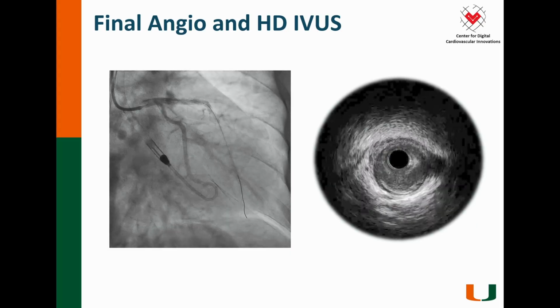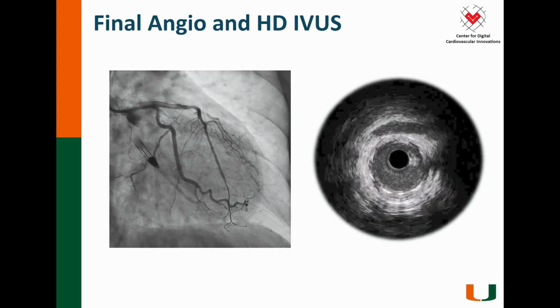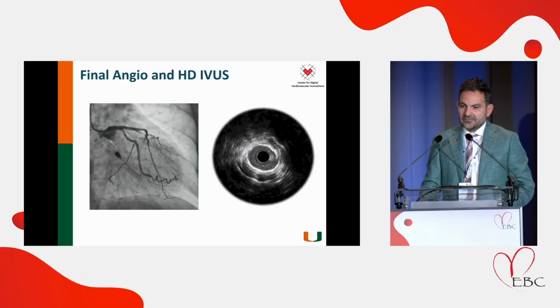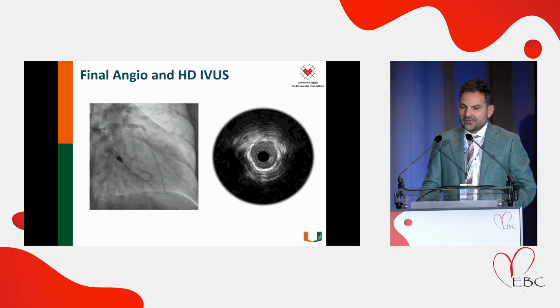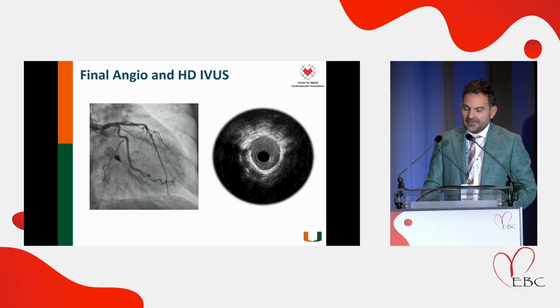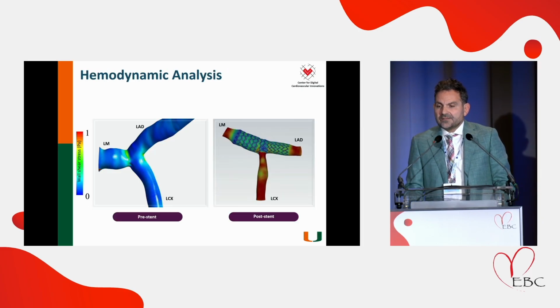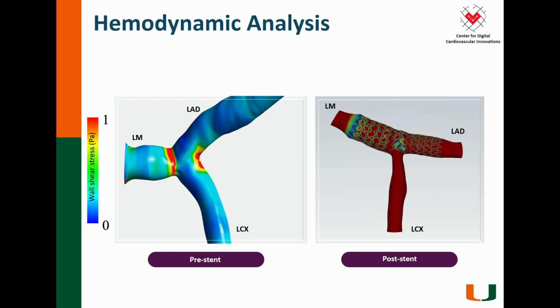And this is the final result of the simulation, AI-guided PCI of the left main. You see here, by IVUS, a very good result, both angiographically and by IVUS. And you see the flow before and after: a relatively good result in the flow to the circumflex as well.